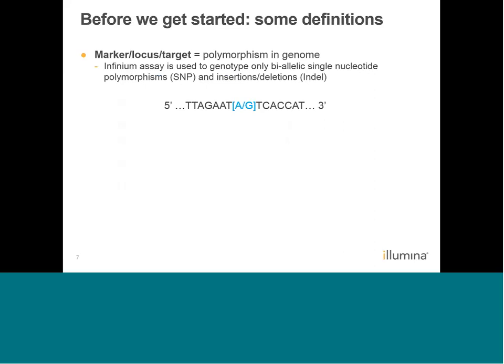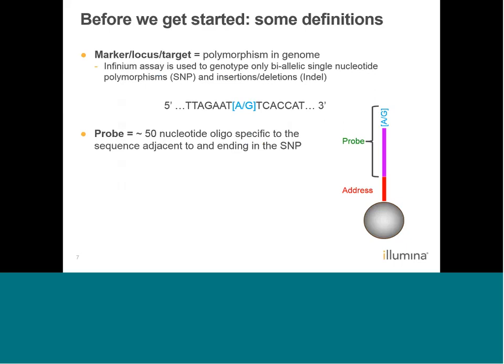What we don't see is that when we submit a sequence for design, you will include 50 nucleotides on either side of that SNP. When the probe is designed, it is 50 nucleotides, and it is the sequence adjacent to and ending in the SNP as seen in this diagram.